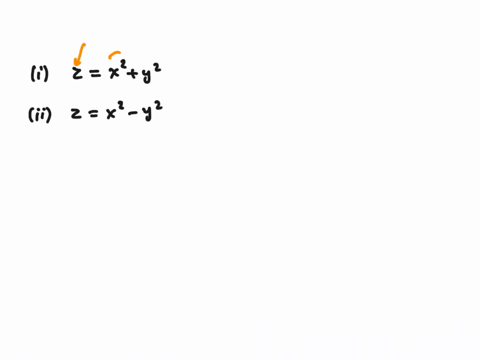Here you have a linear term with respect to z, and then quadratic terms in x and y. Same here, linear term in z on one side, and on the other side quadratic terms in x and y. There could also be a constant term here, but I'm going to keep things simple by ignoring the constant term. So what do these sets look like?